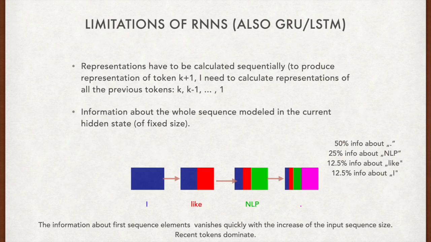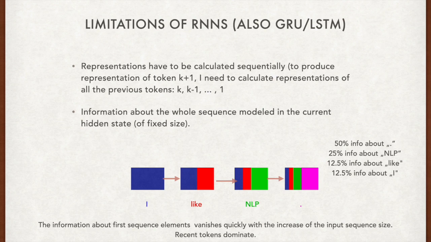However, there are two major drawbacks of recurrent neural networks that are caused by their nature. First, they need to process the sequence step by step, because we need to calculate the output of the previous hidden layer to calculate the output of the current hidden layer. Second, they model the meaning of the whole sequence in a single vector.